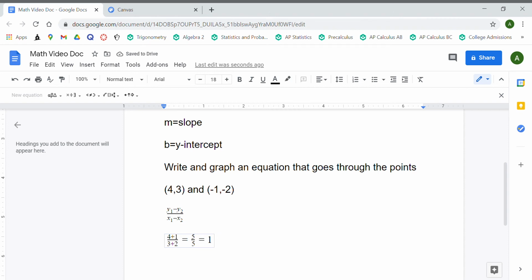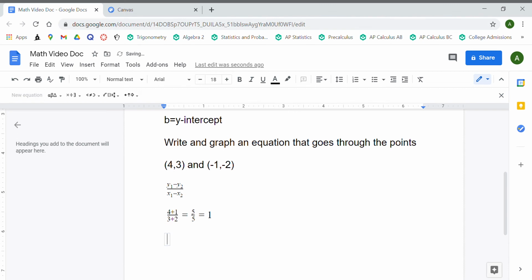Alright, so you have your slope, but we still don't have the y-intercept. So, what can we do? Well, we can take one of these points, substitute it in slope-intercept form since we have our slope, and then we just simply find the y-intercept with algebra.